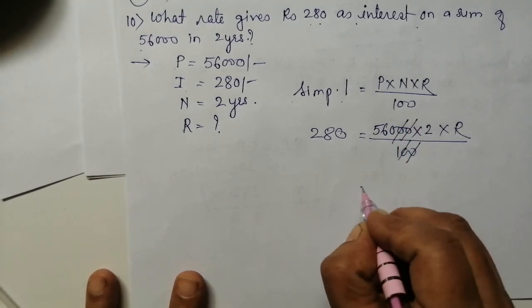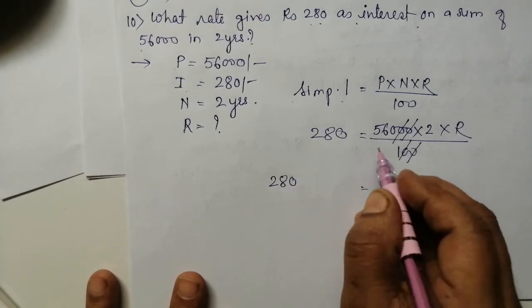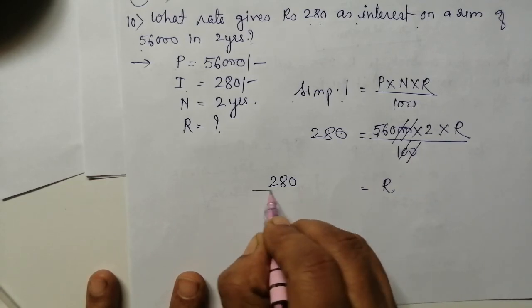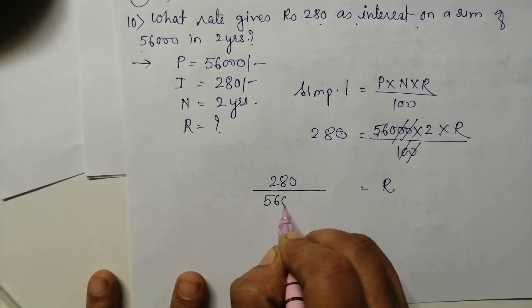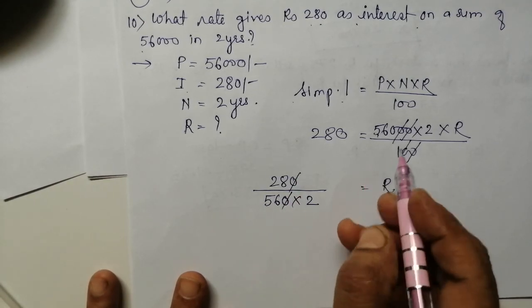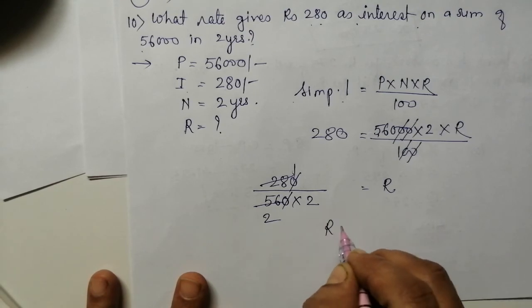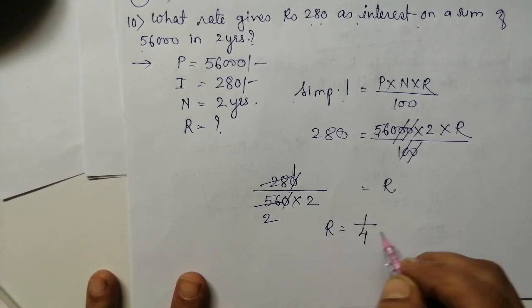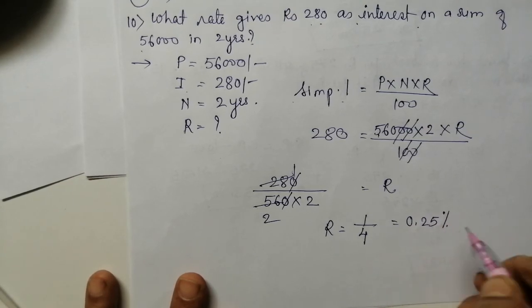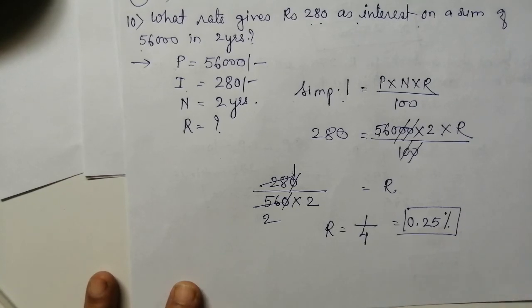Means R is equal to 280 divided by this. That means R is equal to 1 by 4, or you can write 0.25. This is the rate of interest.